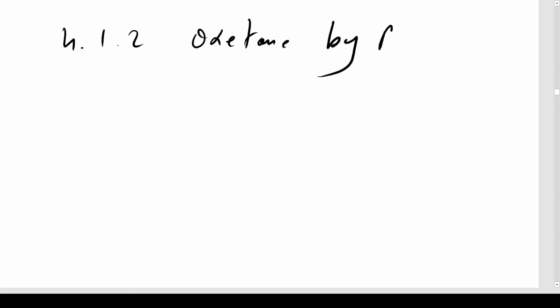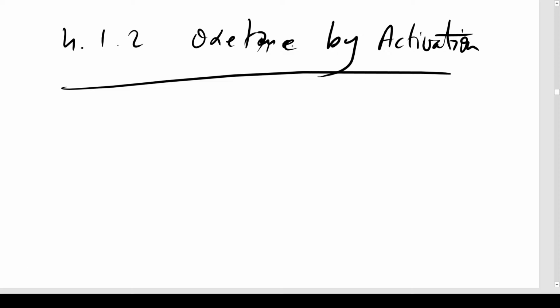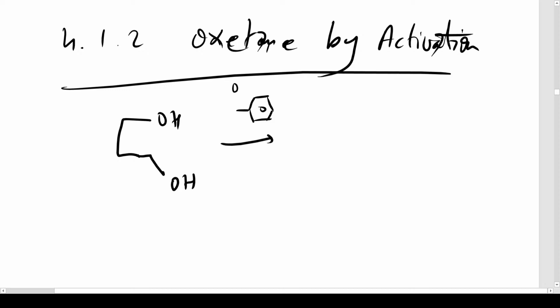Second way, oxetane by activation. So you can take the bis alcohol, so you can activate it with tosylate, okay, OTs, TsCl with the base.